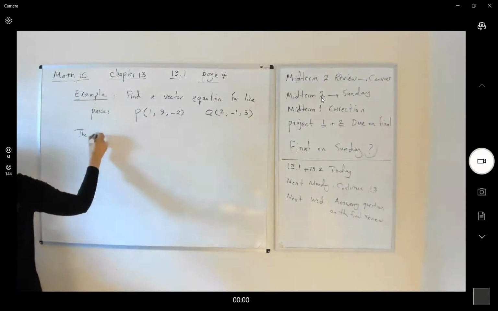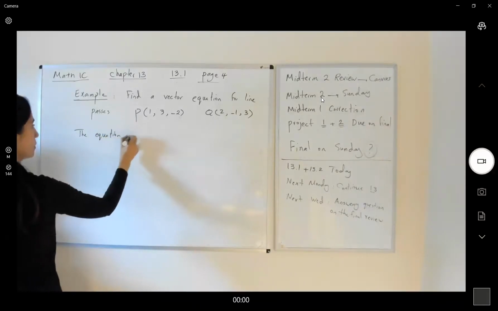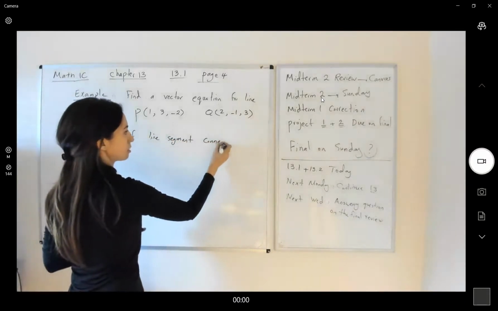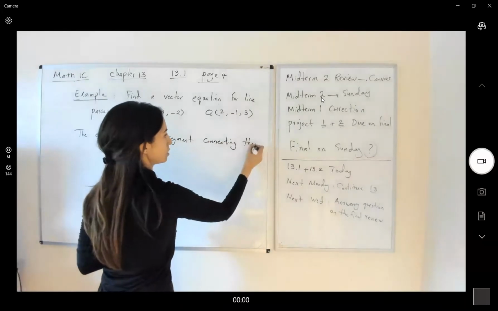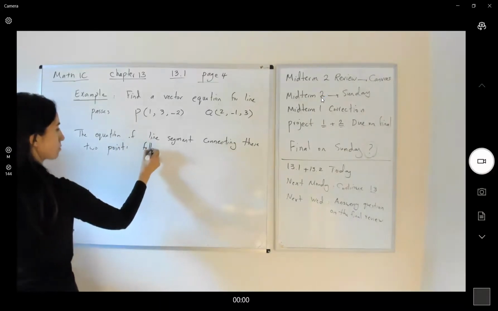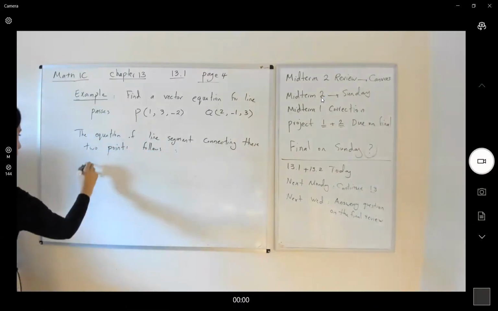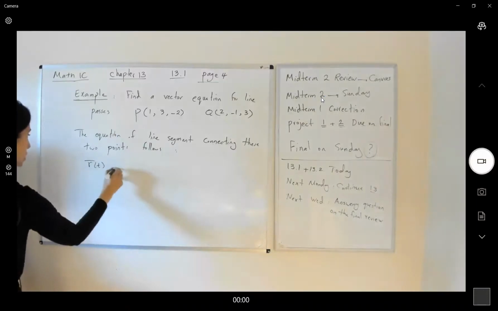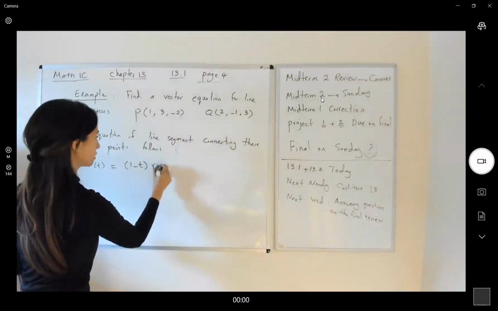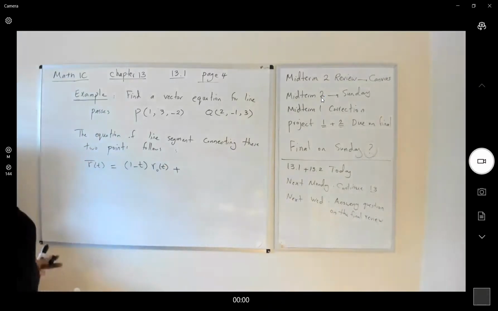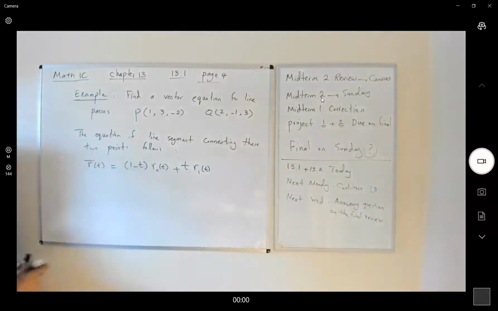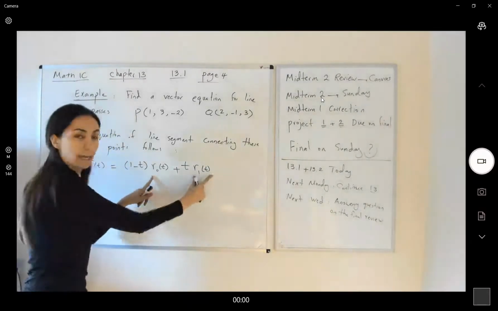The equation of the line segment connecting these 2 points follows the formula r(t) equals 1 minus t, the initial point, like r sub 0, plus t times r sub 1. So initial point and end point.